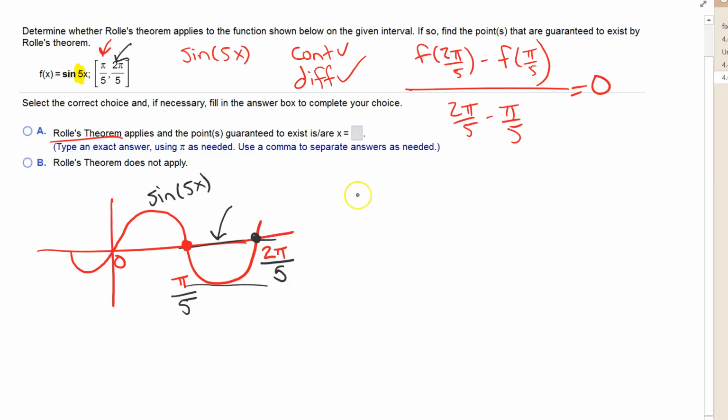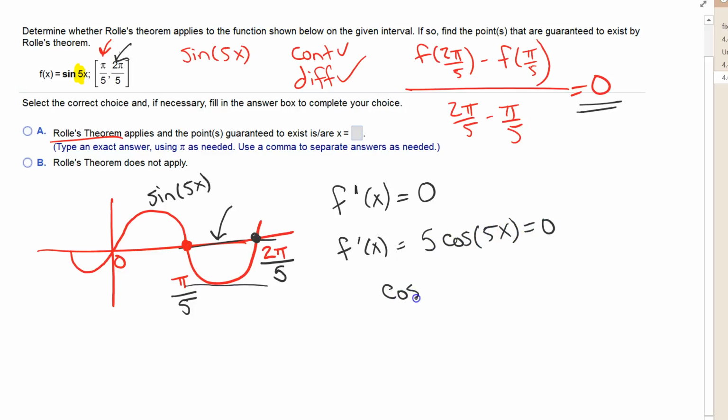So looking at the calculus here, we ask when does f prime of x equal 0? Because that's the slope of the secant line. Differentiating this function gives 5 cosine of 5x. When does that equal 0? That equals 0 when cosine of 5x equals 0.